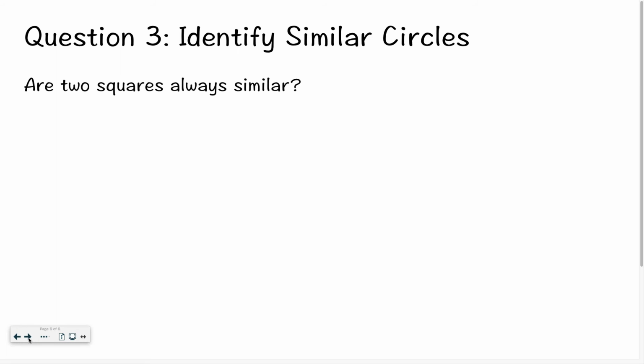So think, are two squares always similar? And I don't want you to say no because they could be congruent. I want you to say, if you say no, I want it to be because of the pentagon reason, where there's a different way to draw it, okay? So go ahead and think about that. All right, hopefully you said that, yes, squares are always similar.